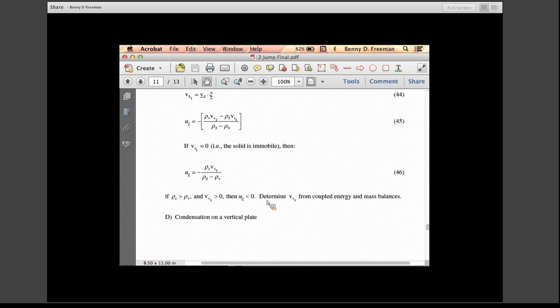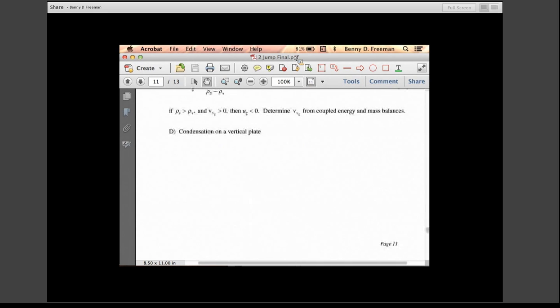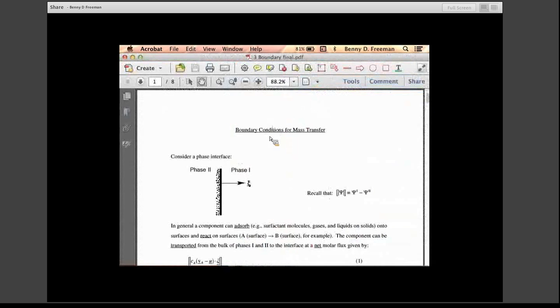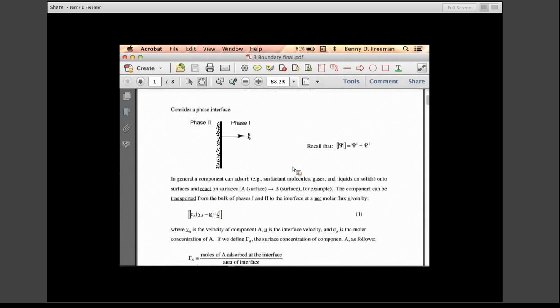And so I'm going to move on from here to talk about a related subject, and that is a phase interface where we will now relax the assumption that there can be no accumulation at that phase interface. If we have a phase interface, and now I'll write it as 1 and 2, where 1 is the less dense phase, let's call it a gas phase, and 2 will be the liquid phase that C is pointing into phase 1.